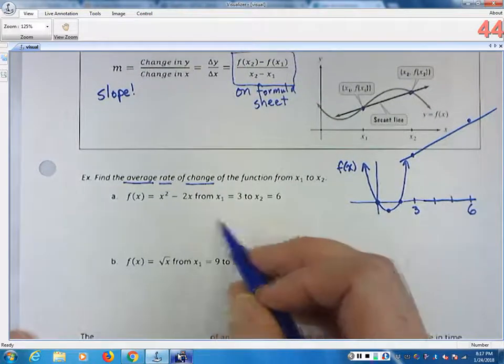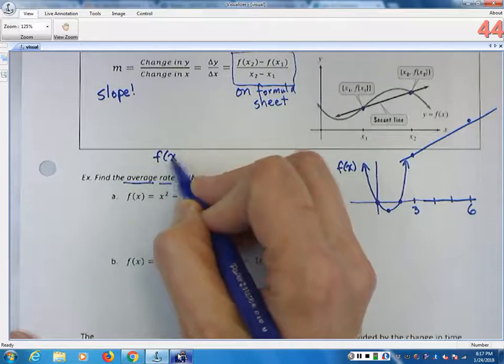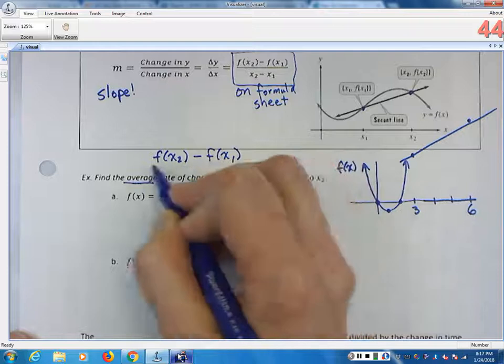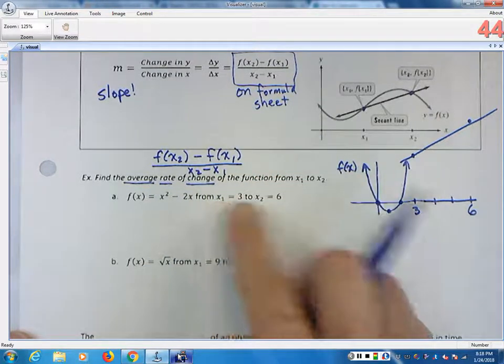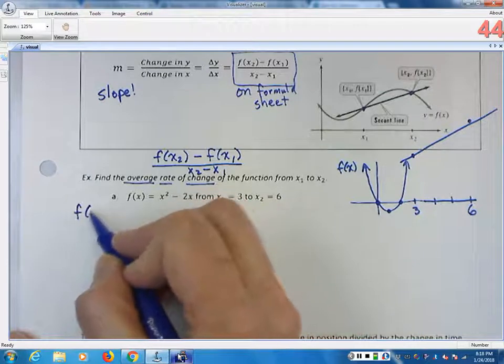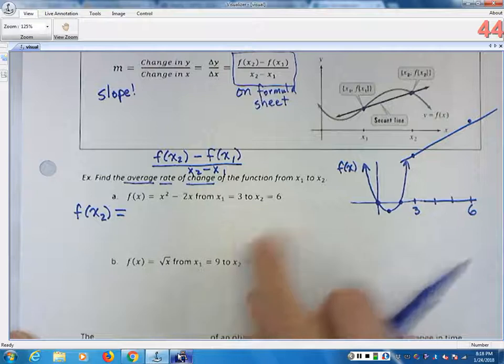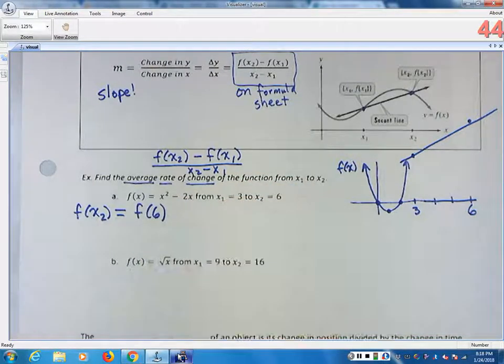So here's the equation, f of x2 minus f of x1 divided by x2 minus x1. So we have x1 and x2, we have f of x. Let's find f of x2. x2 is just equal to 6. That's f of 6. So here I'm covering 1.1 or 1.2 where we plugged in 6 for x.